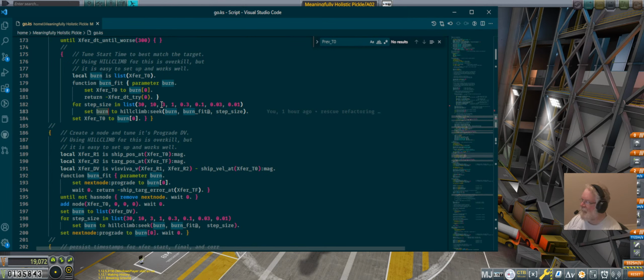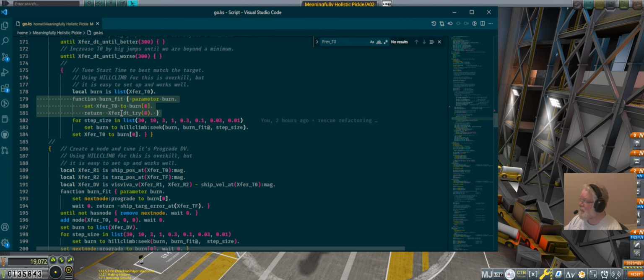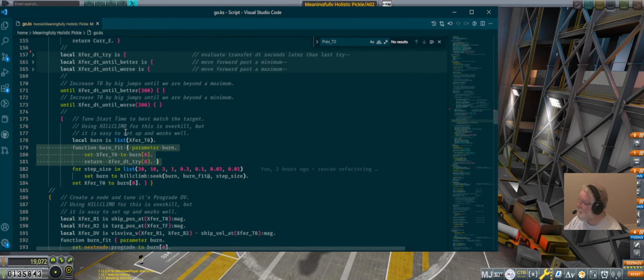So that gets me our initial burn. In this case, you'll notice here's burn fit. Here's my fitness function. It's passed in as a delegate, so burn fit is going to be called for every candidate. I need it to be fast. So we actually reused xfer-dt try from up above.